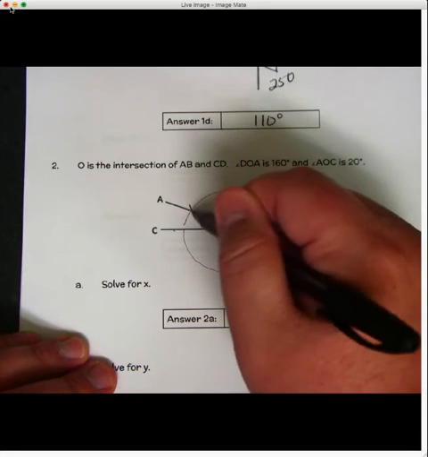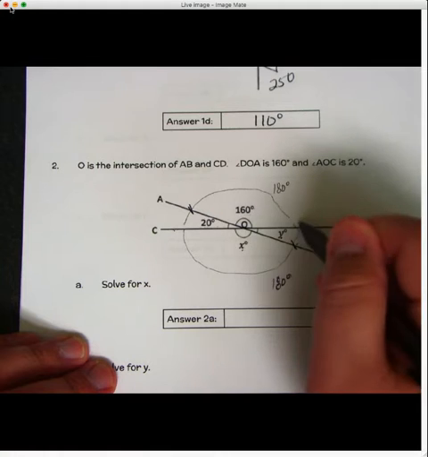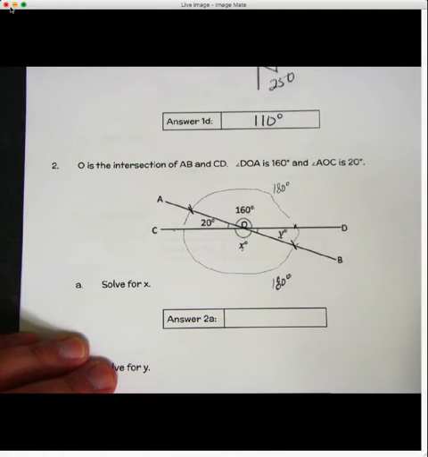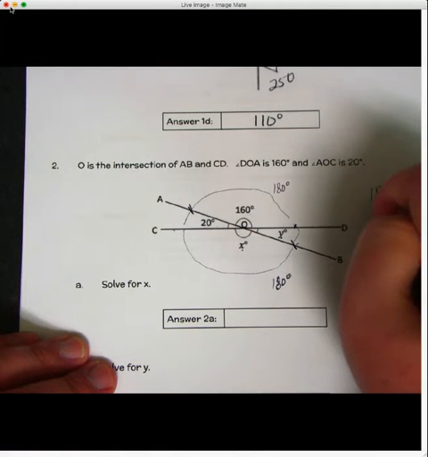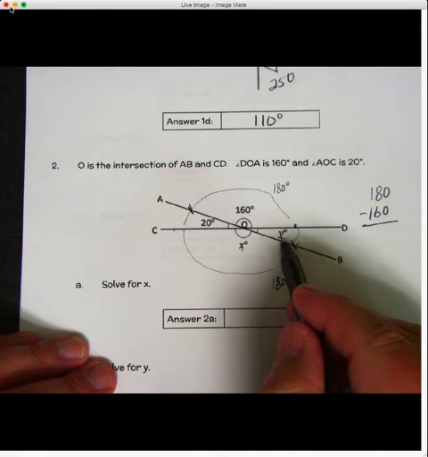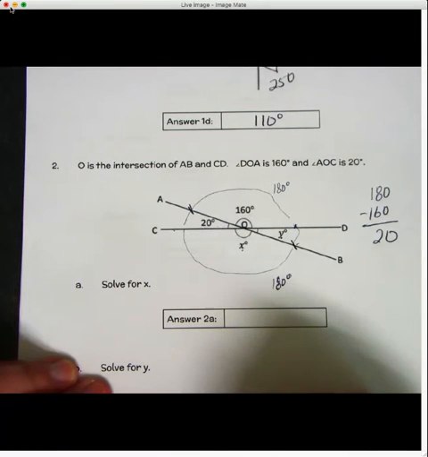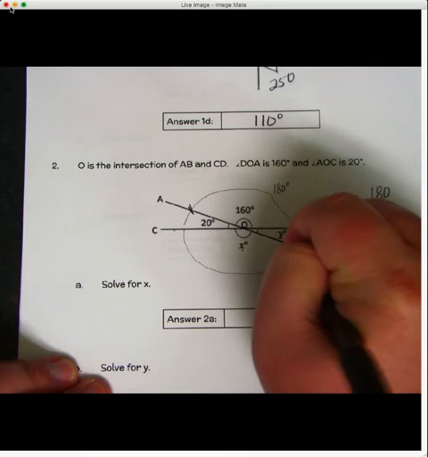So if I know that from here all the way around to here is 180, and this far is 160, then I can take 180 minus 160 to find out what angle Y is. And if we subtract, we find that angle Y is 20 degrees.